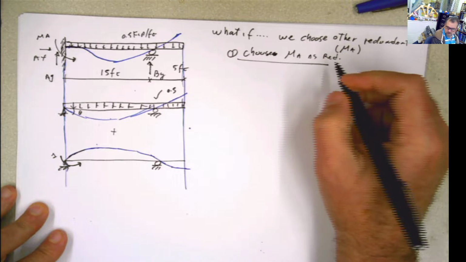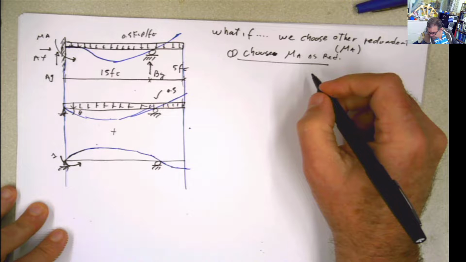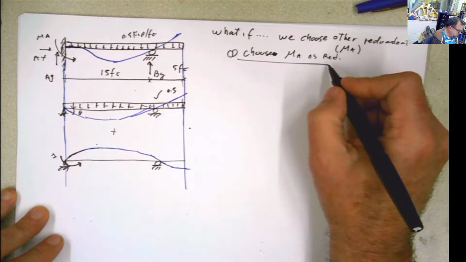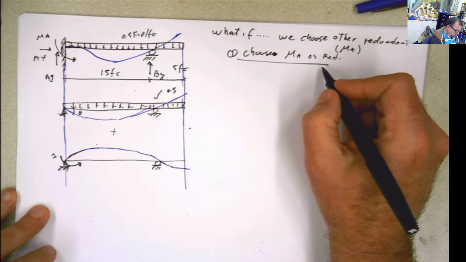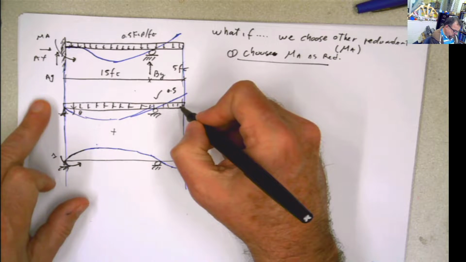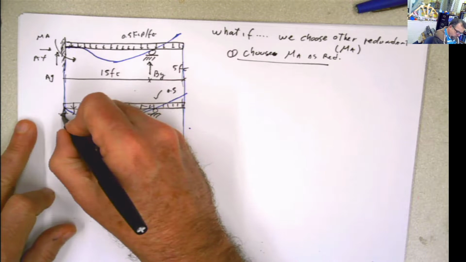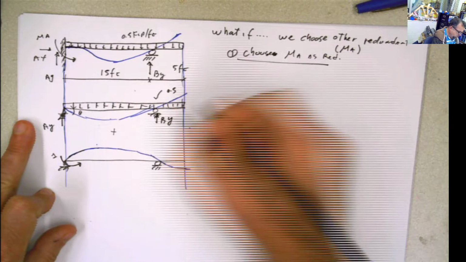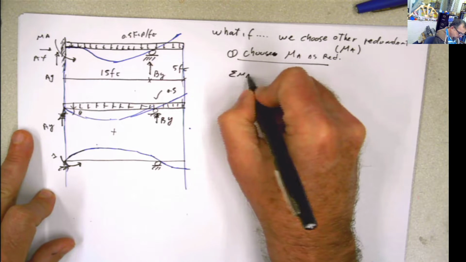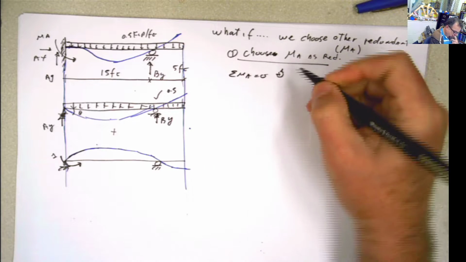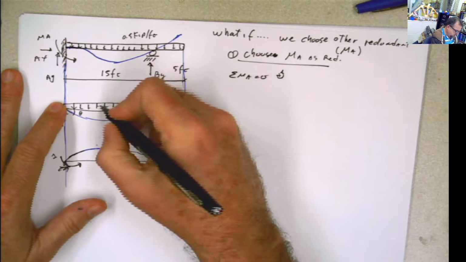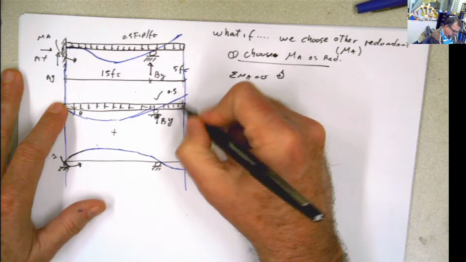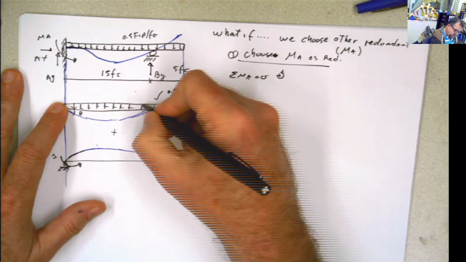First step. Okay, redundant. Now let's work with this one. If I select that as a redundant, what I'm going to have here is AY and BY, and I can do summation of moments at A equals 0, and then I'm going to have 0.5 times 20 times 10.